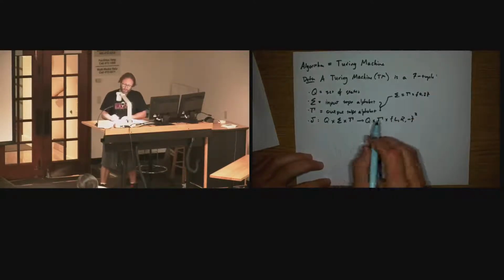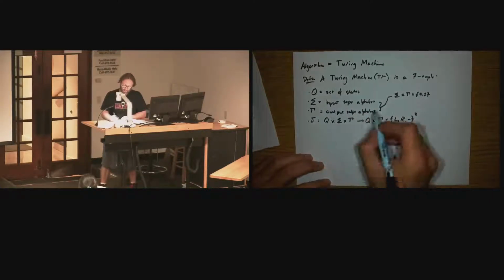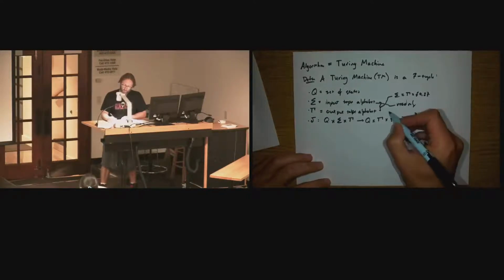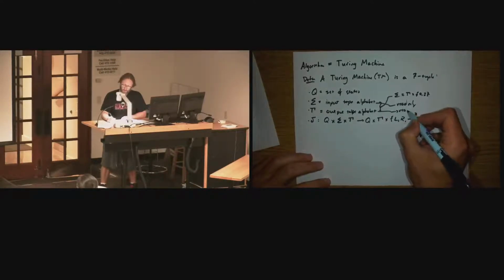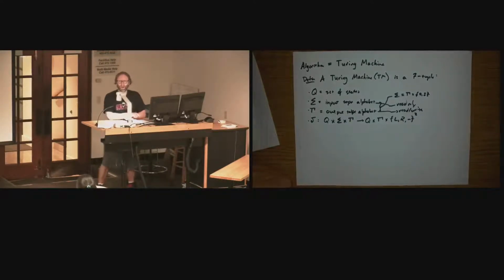But basically, the idea here is that the input tape is read only, while this one is read and write. So it turns out that if we can actually write stuff down and have output just like a queue or a stack, it turns out to be a lot more powerful computational model.